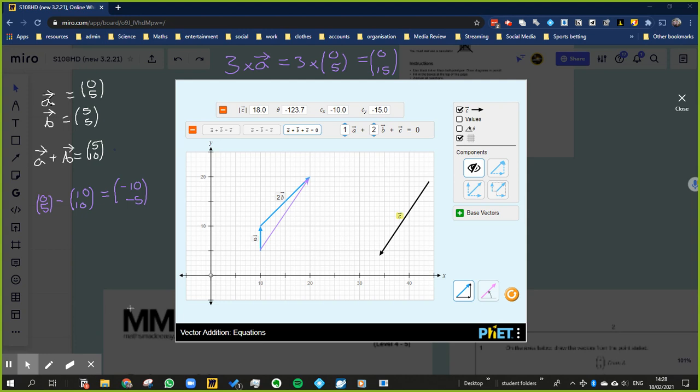But because we're now doing all of them adding together, and we're saying that it's equal to 0, then the beginning and the end is in the same place. In other words, the distance between the beginning and the end is 0. So you're going to get that sort of shape.